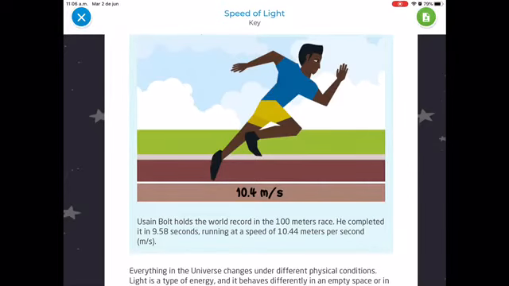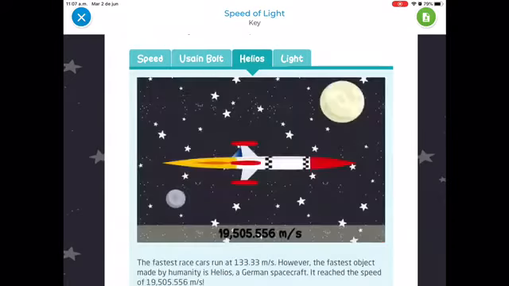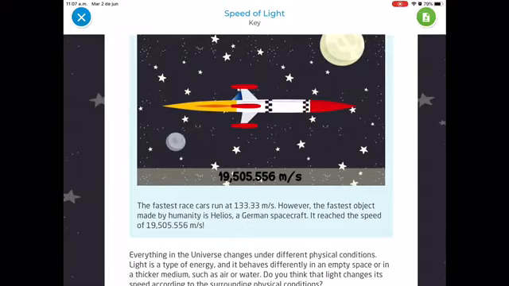He completed it in 9.58 seconds, running at a speed of 10.44 meters per second. Imagine, he's very, very fast, okay, and he made a record. What is Helios? Helios, okay, is the fastest man-made object, and this was a German spacecraft, okay.